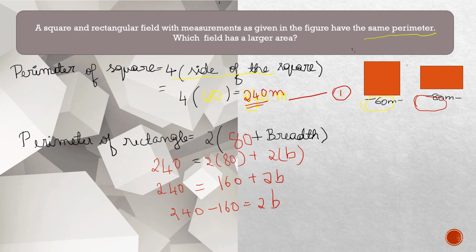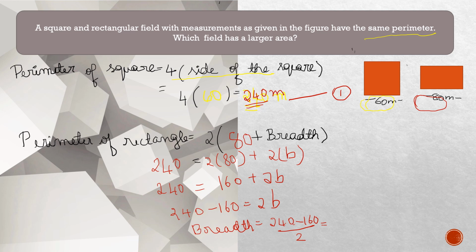That is, breadth is equal to 240 minus 160 divided by 2, which is equal to how much?